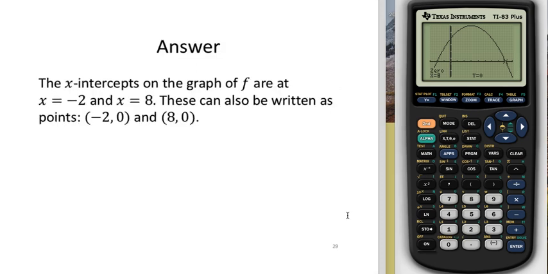So we found the two x-intercepts. We can say that the location of those x-intercepts on the graph of f are at x equals -2 and x equals 8. Or you can report it to someone by giving both coordinates. The point (-2, 0) on the graph is an x-intercept, and the point (8, 0) is an x-intercept. X-intercepts have y-coordinates of 0.